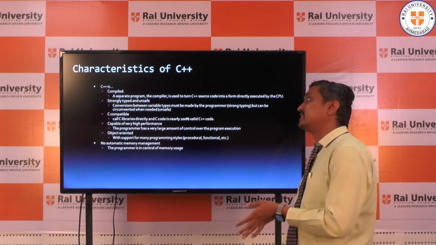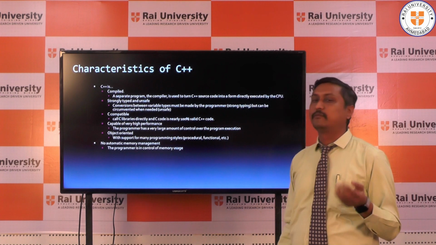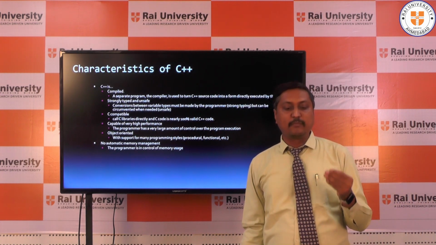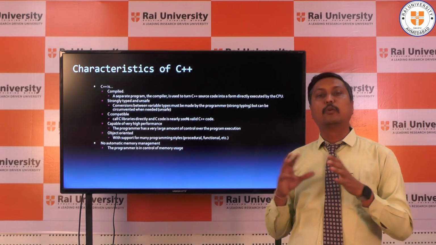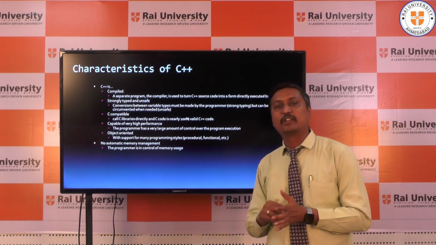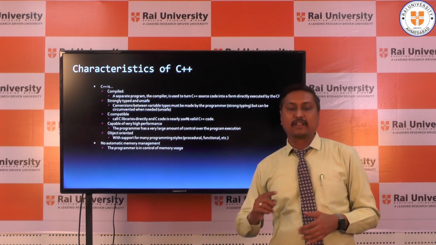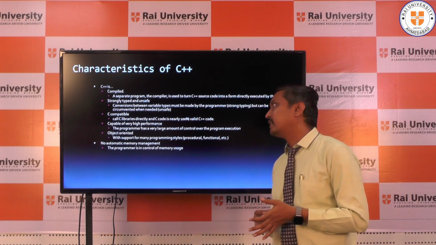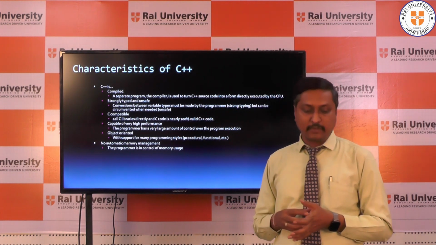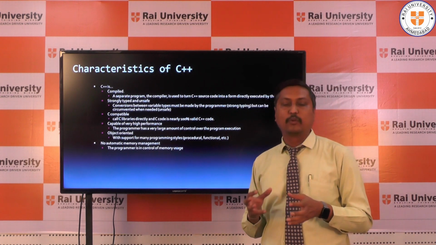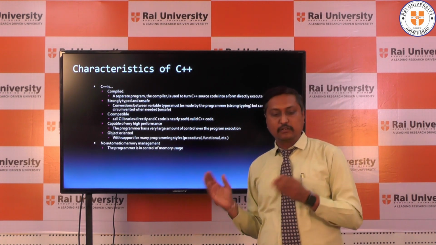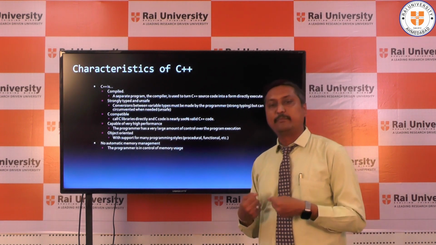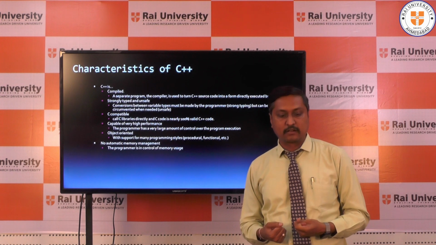Now some characteristics of C++. The first one is compiled, which means a separate compiler is used for the whole C++ code, rather than one line at a time. The second characteristic is strongly typed and unsafe. Strongly typed means all the control over typing is given to the programmer.